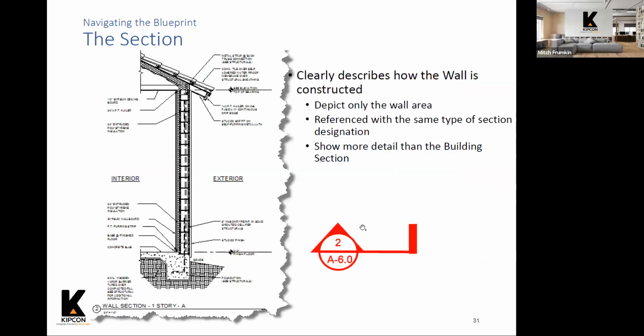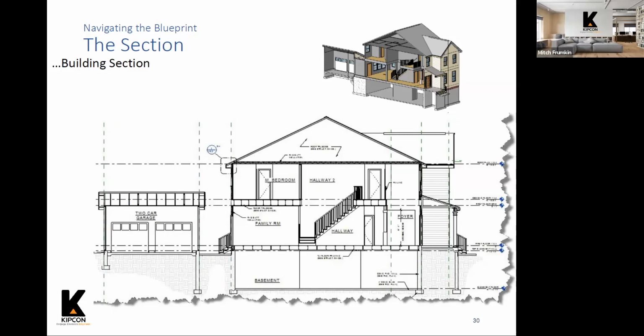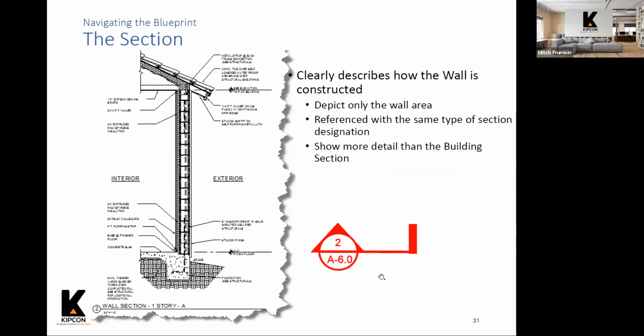So an even more detailed section, another type of section through the building that we might find, are wall sections. There are sections through the entire building, as we've seen, and then there are some callouts that show us specific wall areas. In the case of exterior walls, this is often the case.